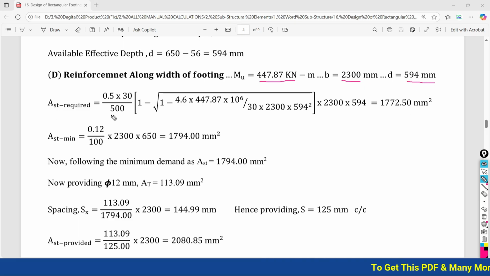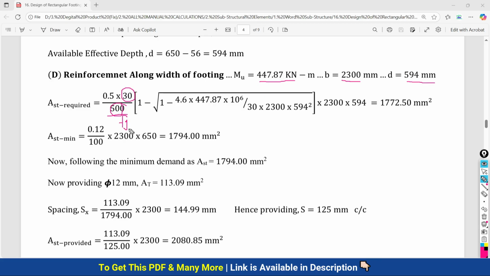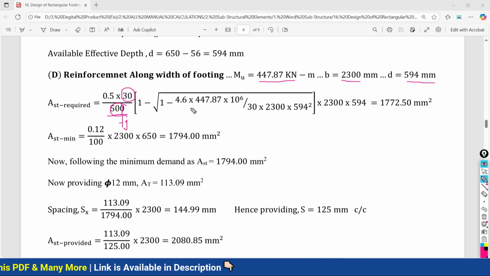Area of steel required will equal 0.5 fck divided by fy, the yield strength of the steel, times the bracket 1 minus 4.6 Mu, the ultimate moment, divided by fck, B D square, where B is the width and D is the depth.